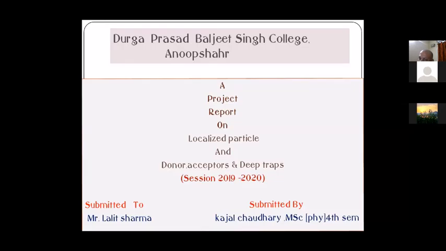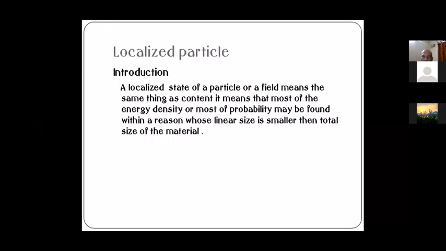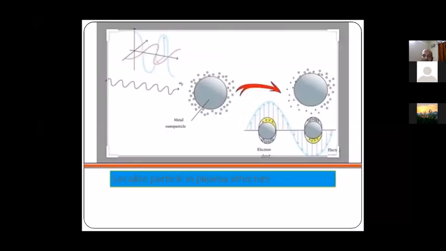Localized particle, donor acceptor, and deep trap. Localized particle introduction: a localized state of a particle or a field means that the most energy density or most probability may be found within a region whose linear size is smaller than the total size of the material. Here I represent a localized particle in a plasmon structure.